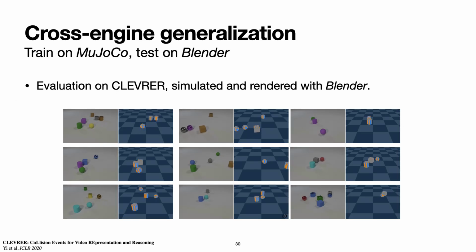In addition to that, we also show the cross-engine generalization. Since we trained the model on simulator engine data, we tested it on a Blender dataset, which is CLEVRER. And it shows that the model did perform pretty well on CLEVRER without further fine-tuning or post-training.